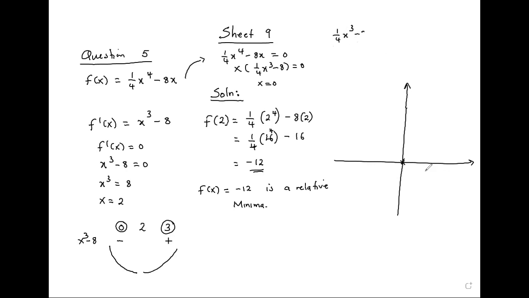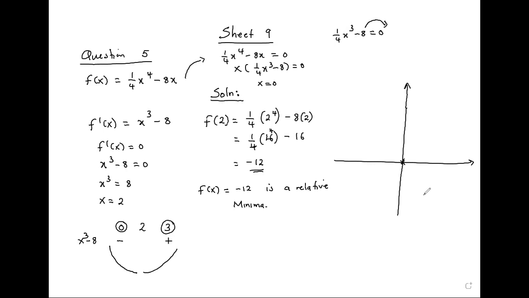Now, if you look at x, for its intercepts, we equate it to 0: 1 over 4 x⁴ minus 8x equals 0, so 1 over 4 x times (x³ minus 8) equals 0. So we have 0 as an intercept. The other intercept will come from 1 over 4 x³ minus 8 equal to 0.